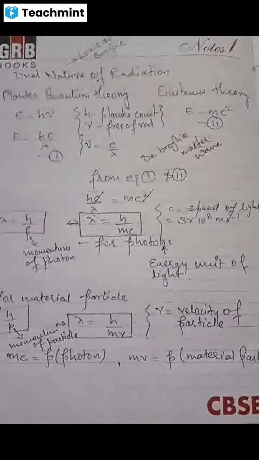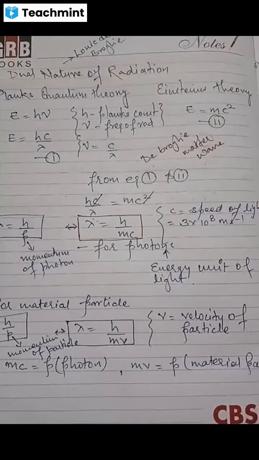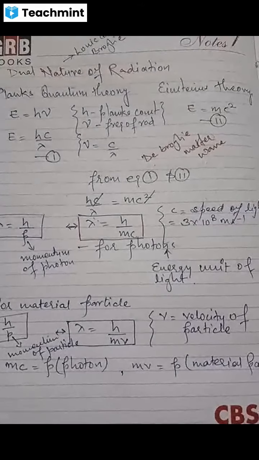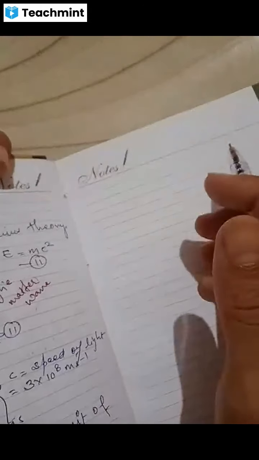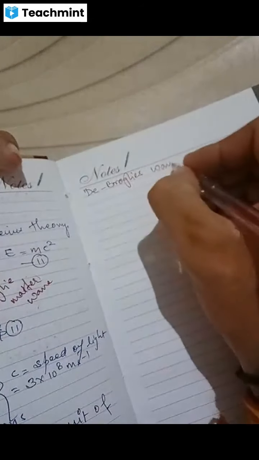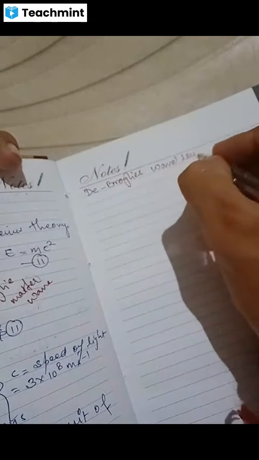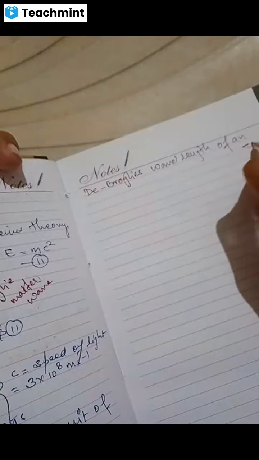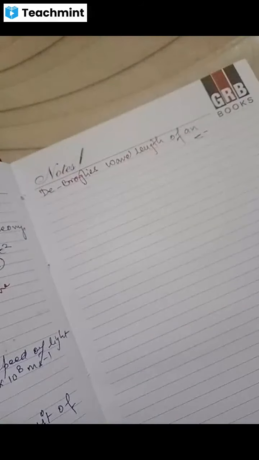Now, dear students, one more important question which is usually asked in the CBSE paper, that is de Broglie's wavelength of an electron. So the next topic, right? Let's talk about the next topic.